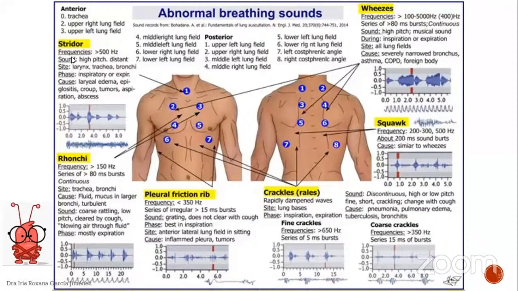We have stridor and the place it is usually produced, rhonchi, pleural friction rub, crackles or rales, the squawk, and wheezes, all of them with their characteristics, with anatomical positions. Check them for catching more vocabulary, okay?